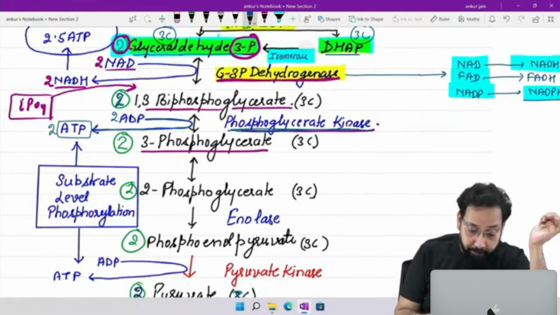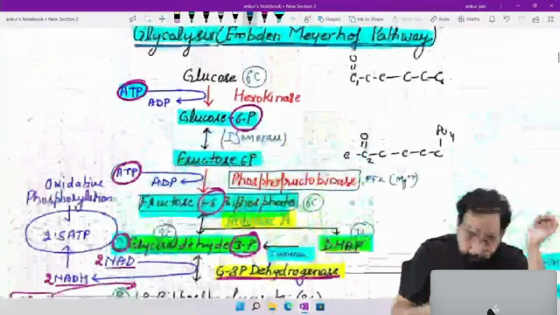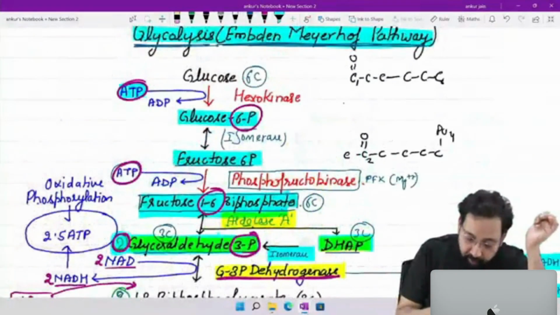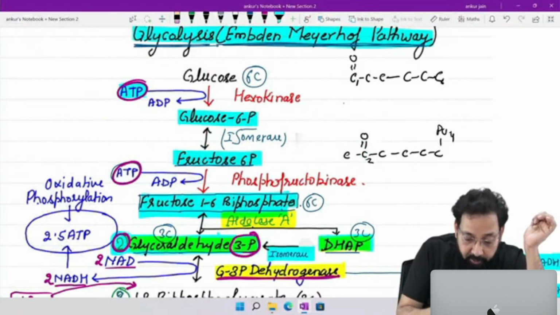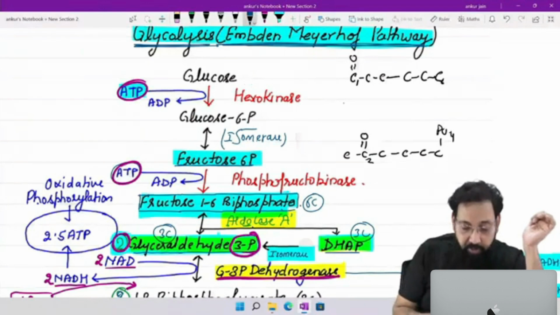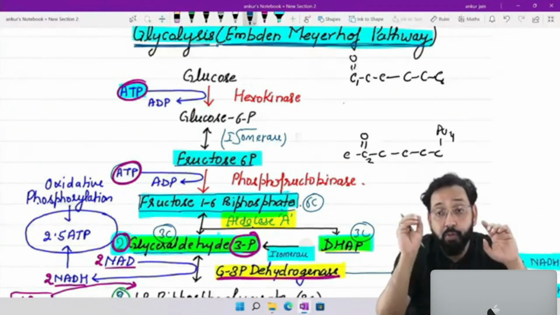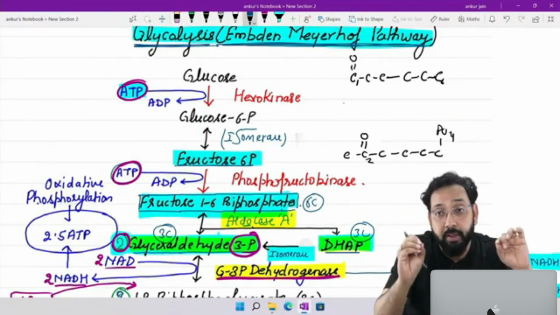If you see, these two reactions catalyzed by kinase are irreversible. Okay, means most of the kinases catalyze irreversible reactions.